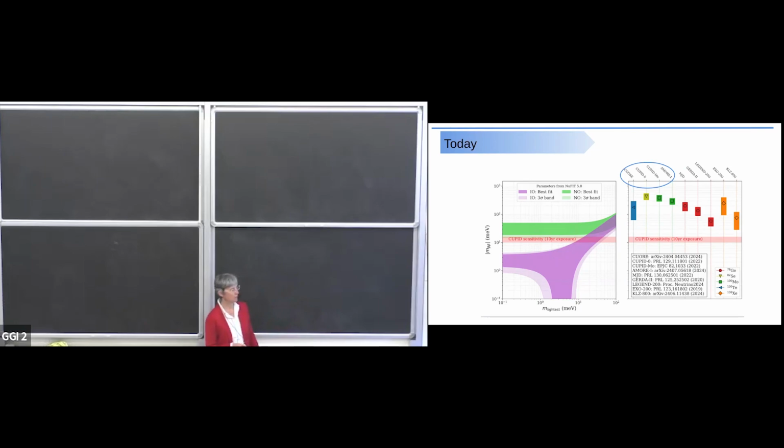And the goal of the next generation experiments is to be able to fully explore this mass region, and therefore, if possible, to achieve more or less a result that lies here. And among this new generation of experiments is CUPID, that is an upgrade of the CUORE experiment.